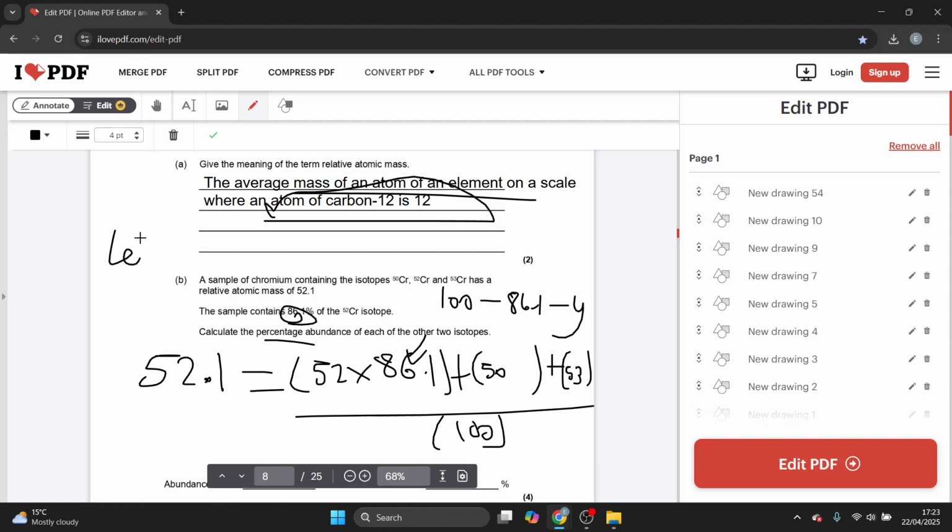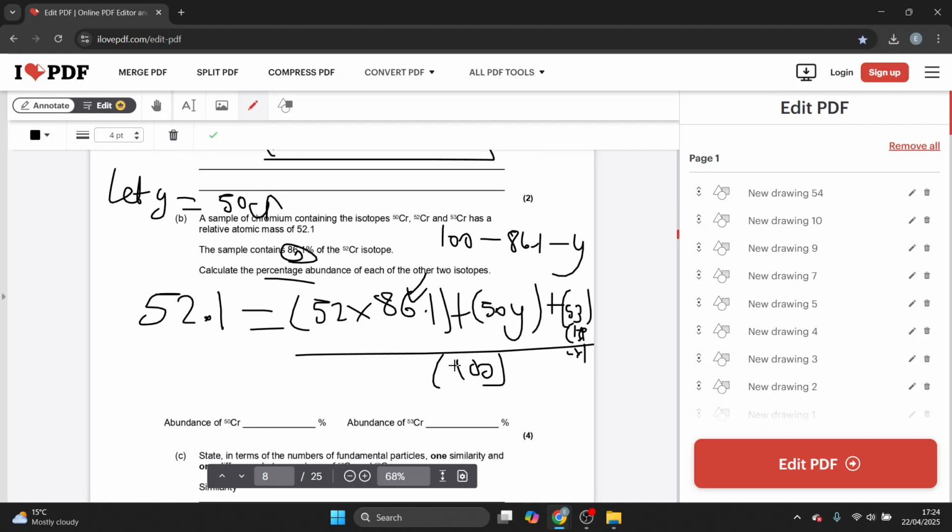So I'm going to let y equal 50Cr, and therefore I've got 50y plus 53 times (100 minus 86.1, which is 13.9, minus y). 52.1 equals 53 times (13.9 minus y) plus 52 times 86.1 plus 50y, all over 100.